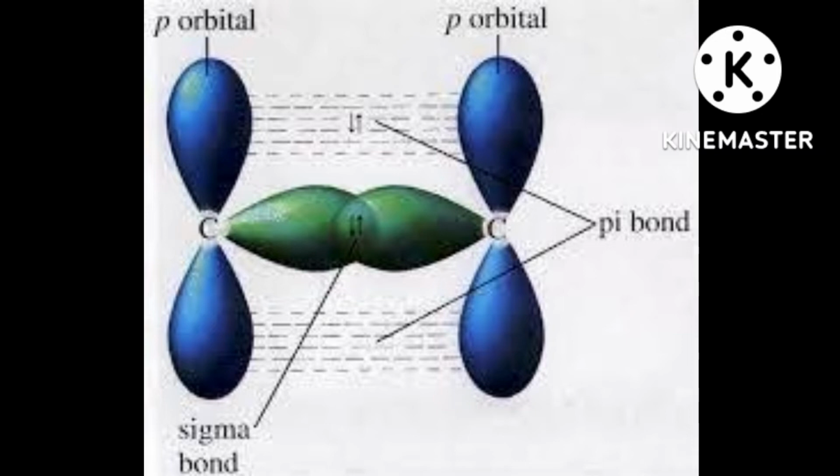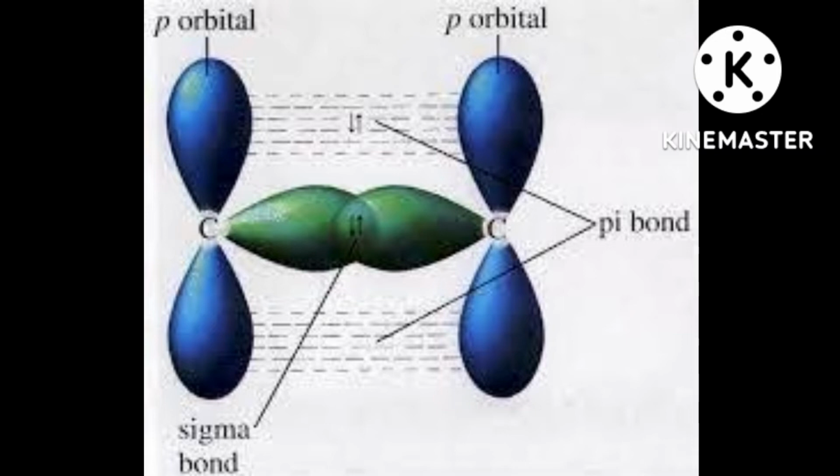In the same way, a P orbital and an S orbital can overlap, and one electron from each will come in the sharing portion. Likewise, py can overlap.